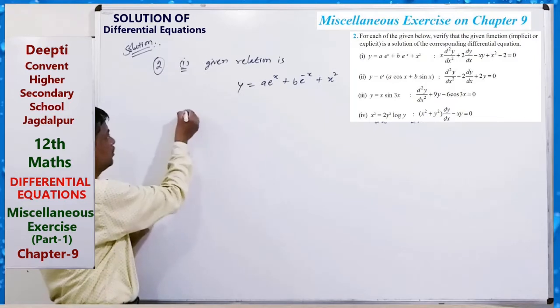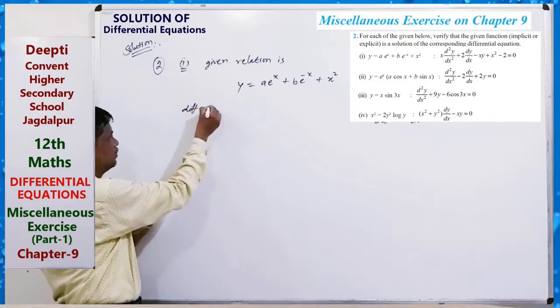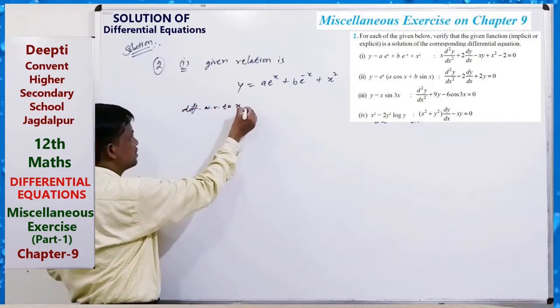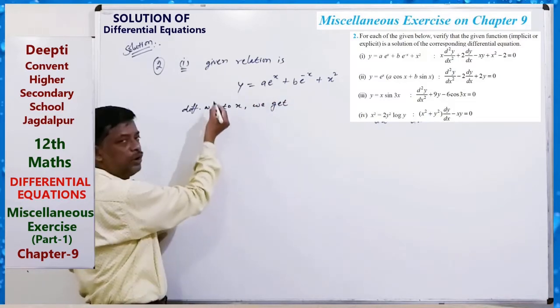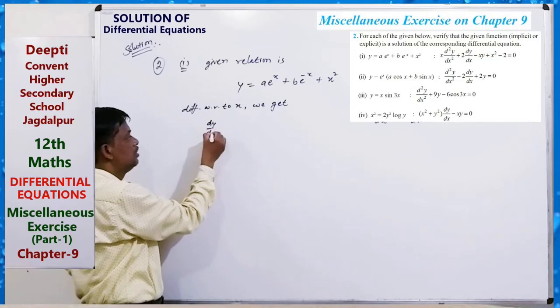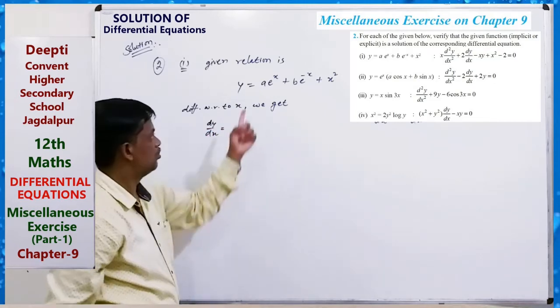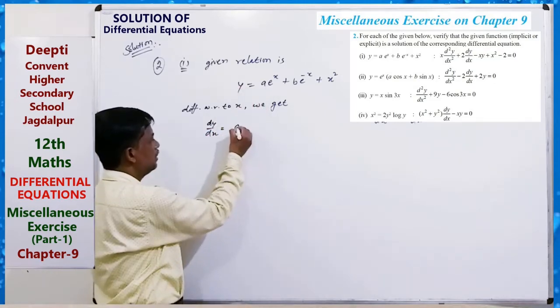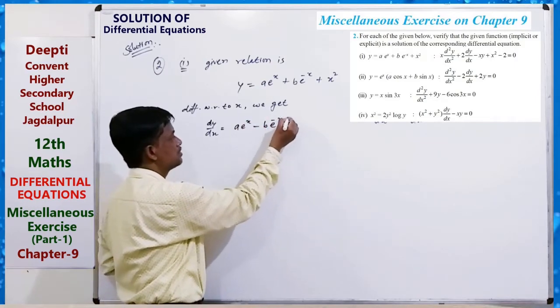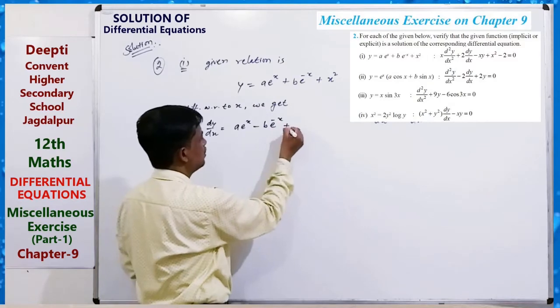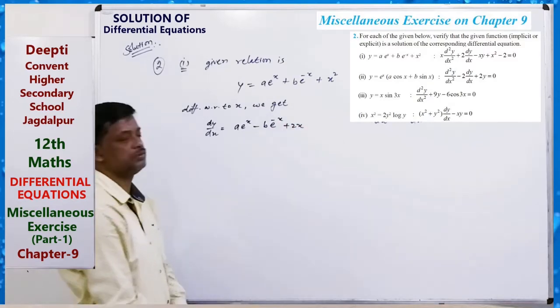So differentiate with respect to x. We get dy by dx equals a e to the power x minus b e to the power minus x plus 2x, the first order derivative.